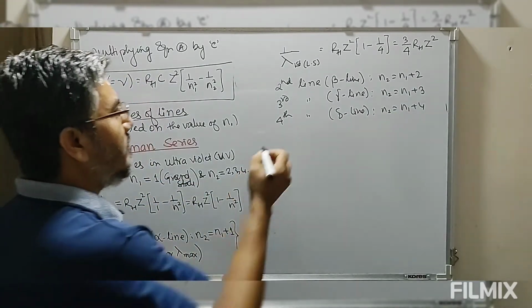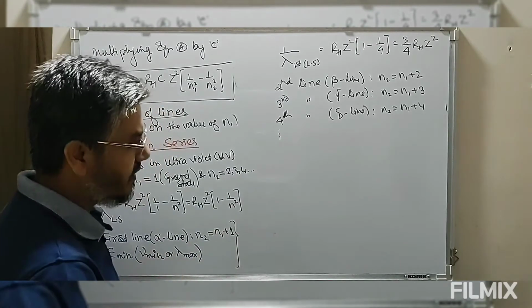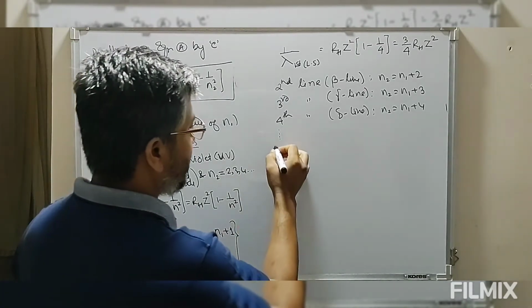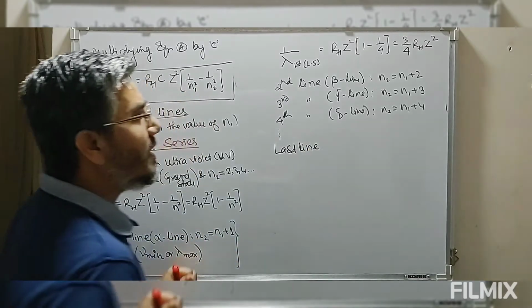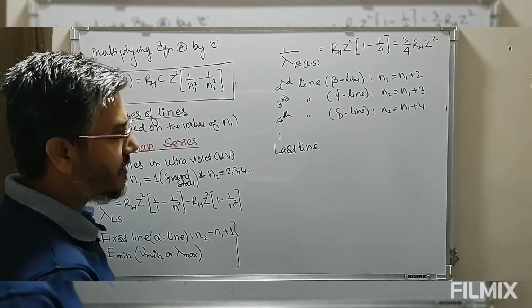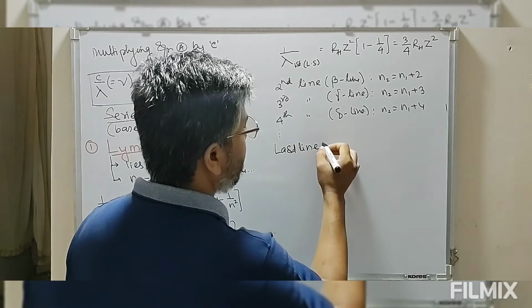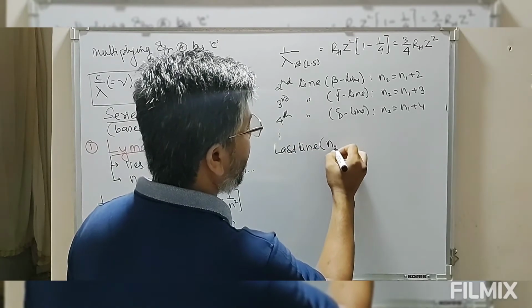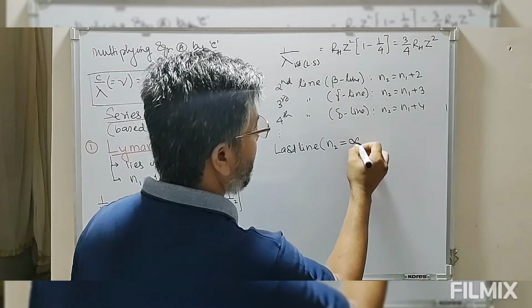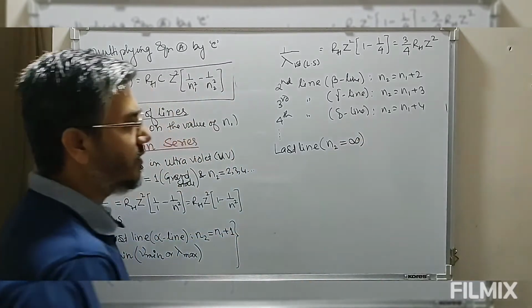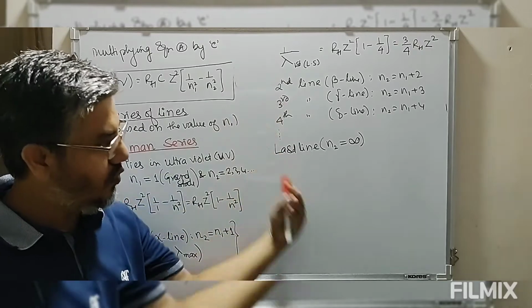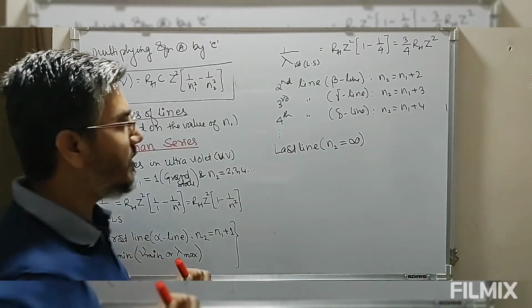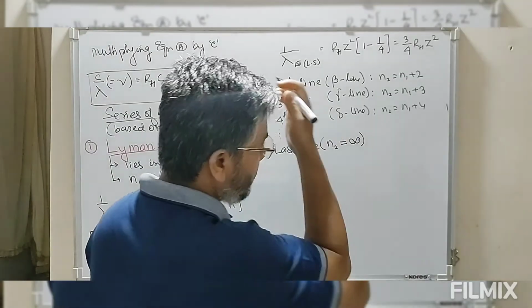Now going in this way, we have the last line. The last line is the line in which the value of N2 is equal to infinity. So the electron is coming from infinity to the ground state. This last line means N2 is equal to infinity.